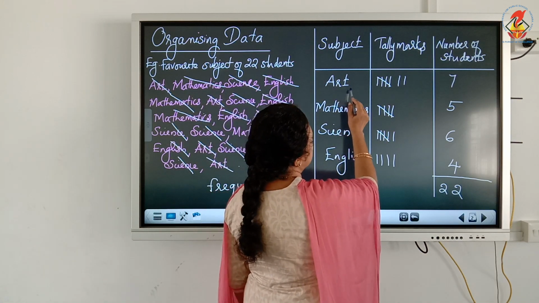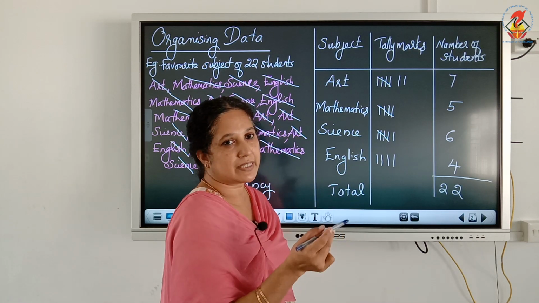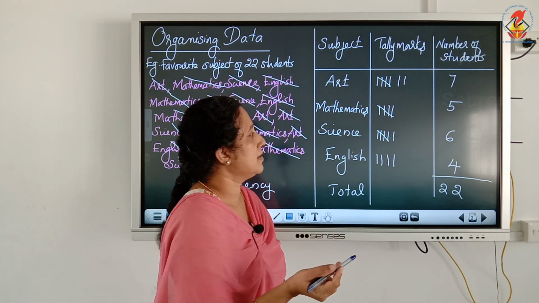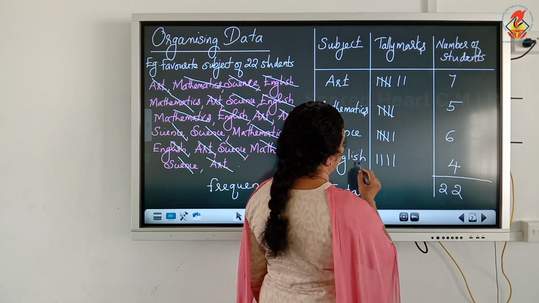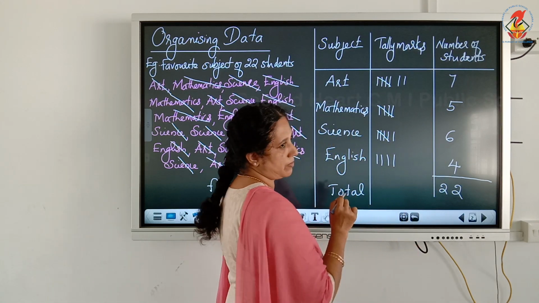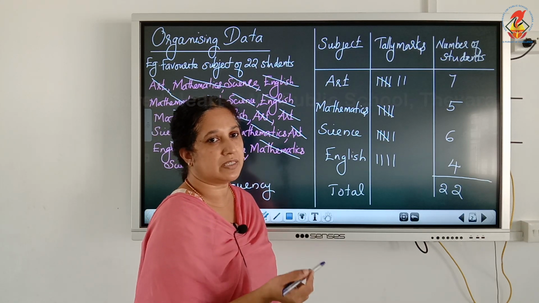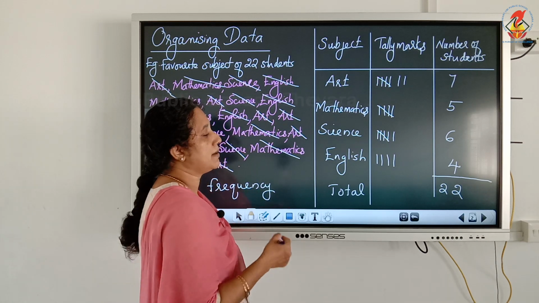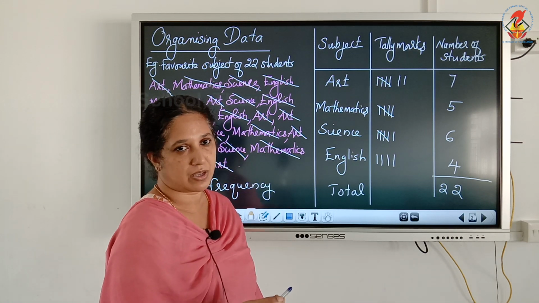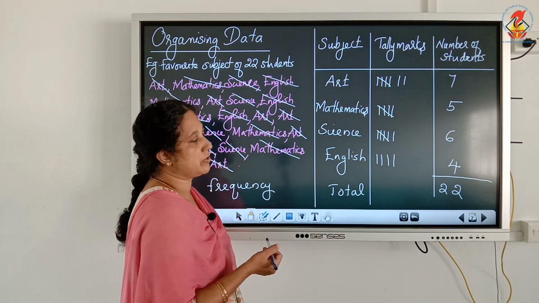The frequency of the subject art is 7, that means art occurs 7 times. Then mathematics 5, science 6 and English 4. Instead of number of students we can write frequency. Frequency means how many times a particular observation occurs.